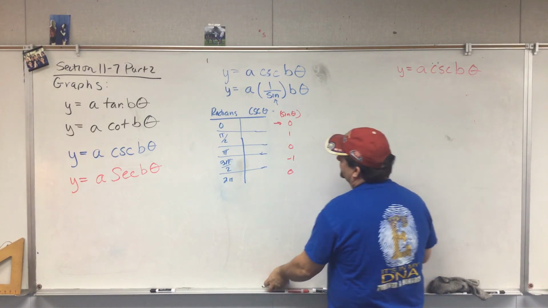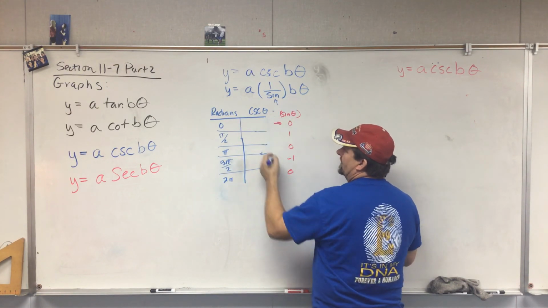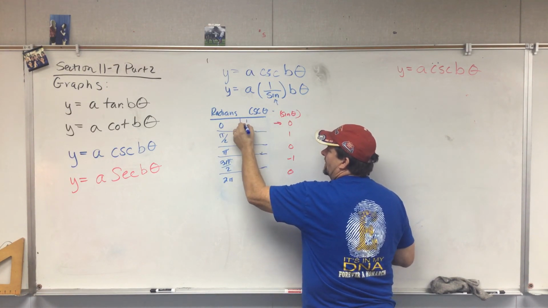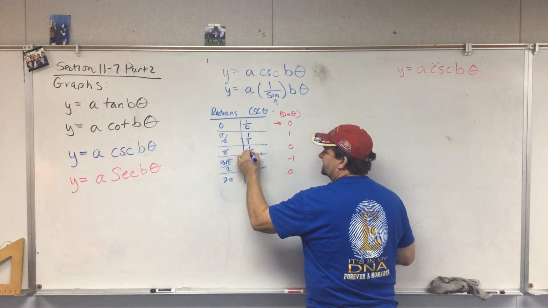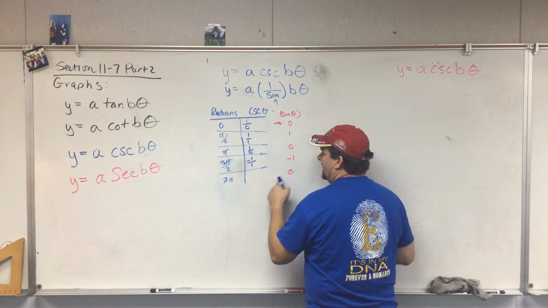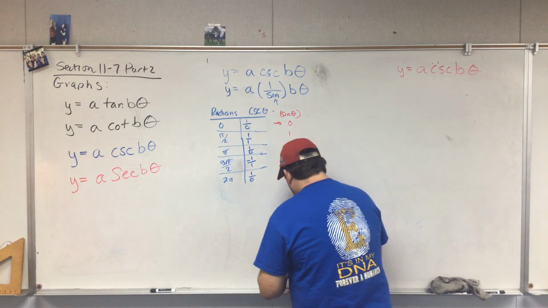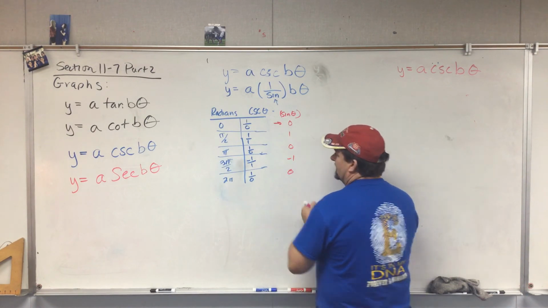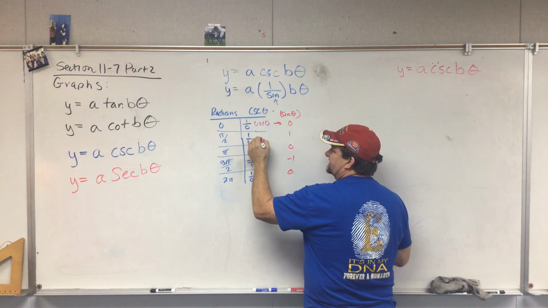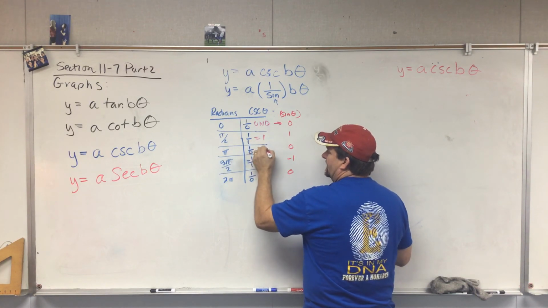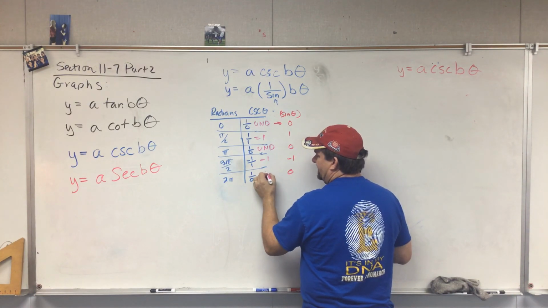That means the cosecant of theta, if we're flipping it over, is going to be 1 over 0, 1 over 1, 1 over 0, negative 1 over 1, and 1 over 0. So what does that get us? That gets us undefined, 1, undefined, negative 1, and undefined.